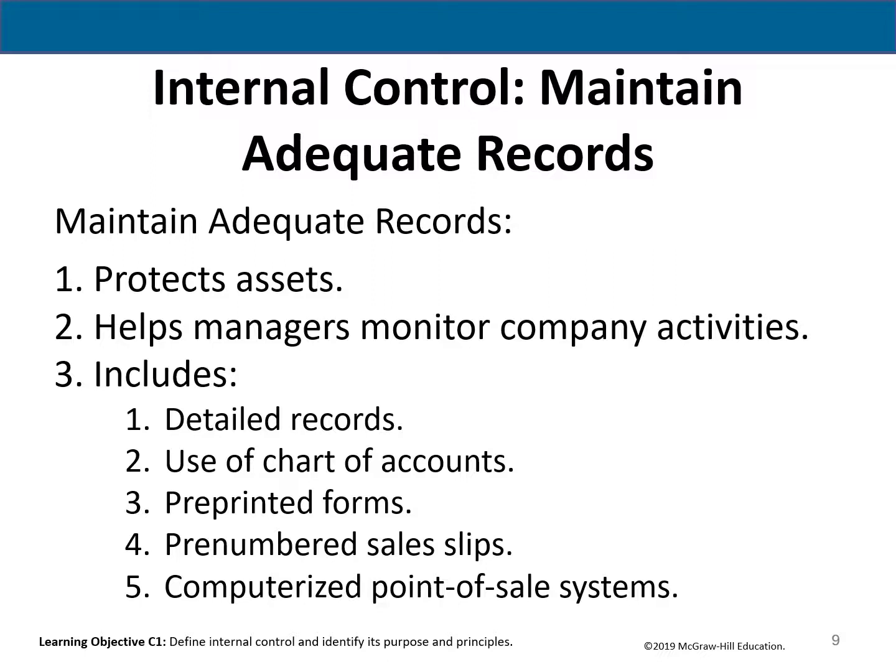Use point of sale systems, and that's what most computer cash registers are now. They only open at a sale, and as soon as the sale is complete, it's recorded right into the accounting system. So no, we don't generally sit around doing journal entries like we did in Chapter 5. Computers do them now automatically when the sale is made. Much more efficient.